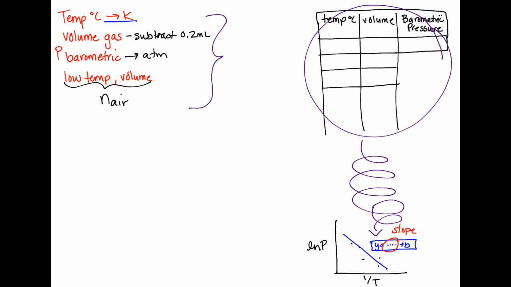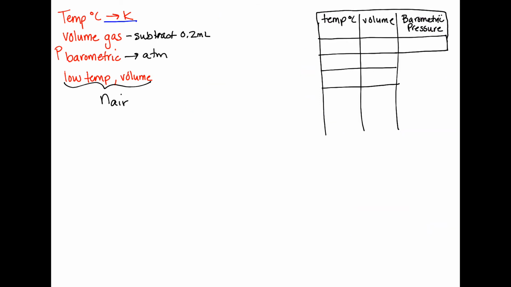It's your job to take that slope and to calculate the delta H of vaporization for water. Now remember, when we're going from the slope of the line to the delta H of vaporization, we talked about how the slope is delta H of vaporization divided by R, and there's a negative there. Okay, so that's what the slope actually represents.